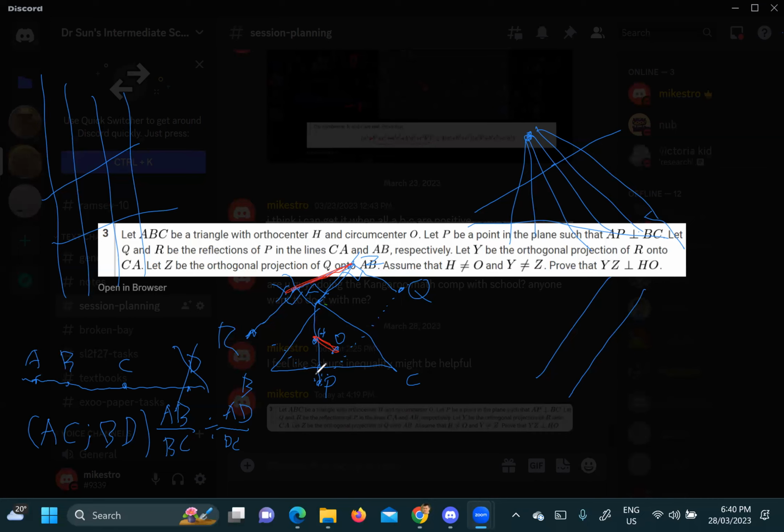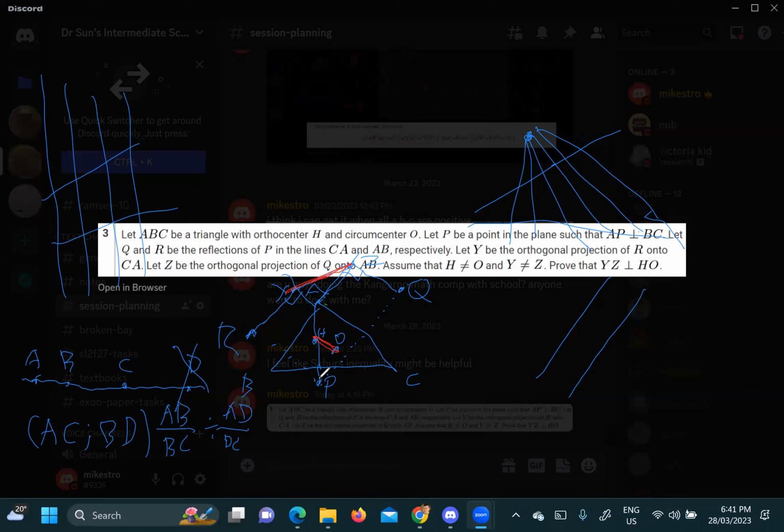For example, I could pick P as the orthocenter H. P equals H is a very specific case, so I have a lot more information and it should be easier for me to prove it, or bash, which is what I did. And you can prove that YZ is perpendicular to HO in that case.